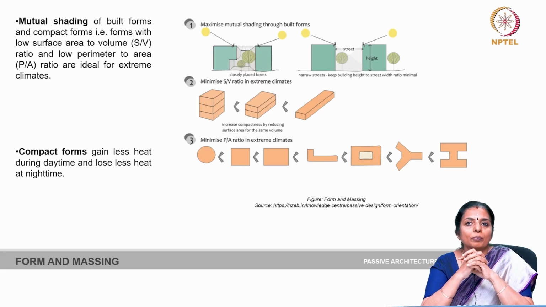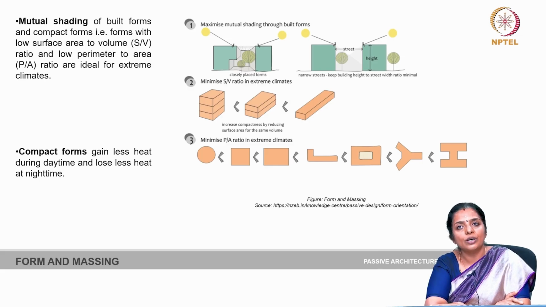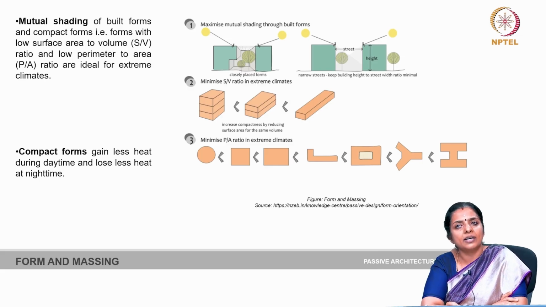The massing of a building can be designed to provide shading to windows during the hottest parts of the day. This helps prevent excessive solar heat gain, reducing the need for air conditioning and improving overall thermal comfort, along with improving mutual shading of built forms.